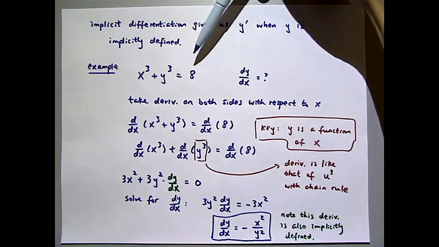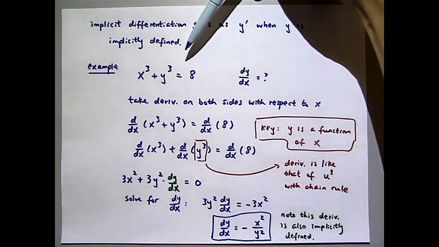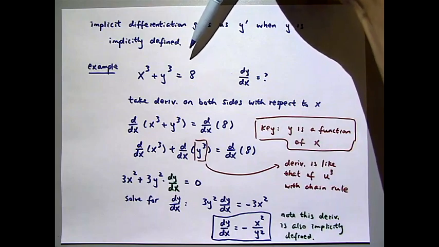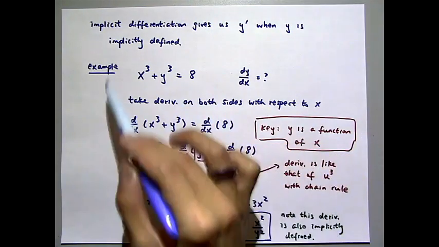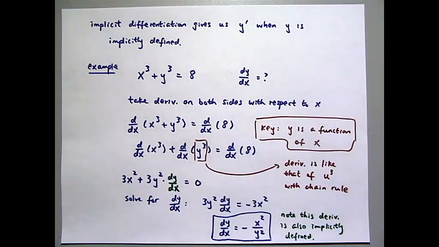Take a look at this function again. Remember, we said earlier that this is something that we could also rewrite in the explicit form. So let's try rewriting this in explicit form, and then take the derivative. See if it matches what we got here.